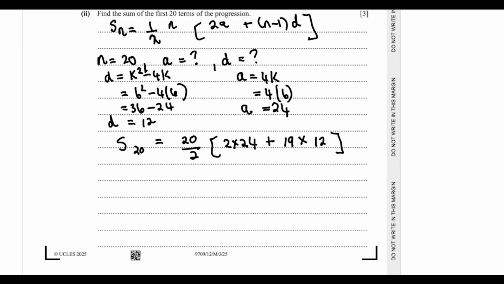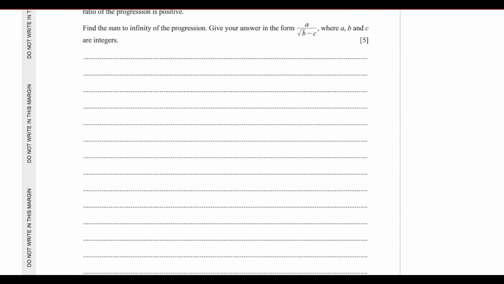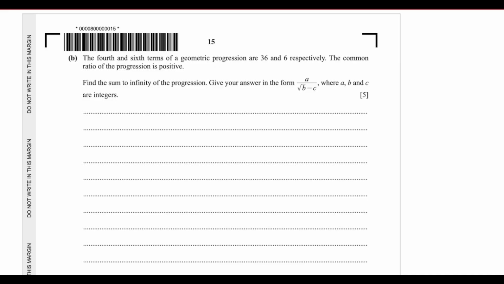So I have 10 times 48 plus 228. So the sum until 20 is 2760. There we go. This is easy stuff. B. Okay.